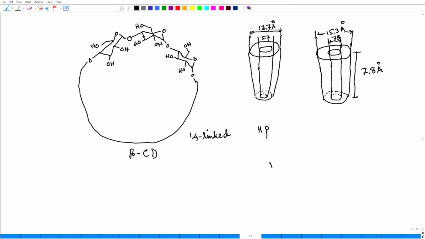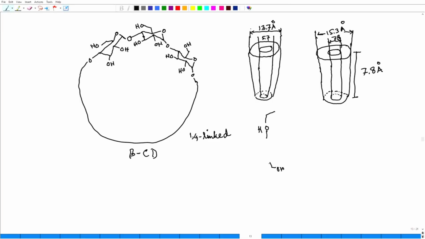So, these OH groups can be functionalized. We can functionalize and we can add something. We can mono substitute it to make it for a particular job.